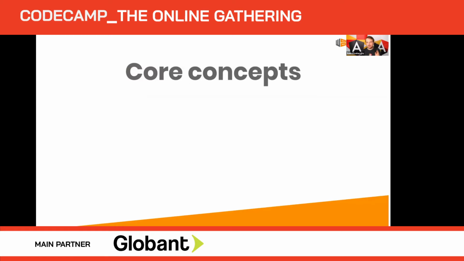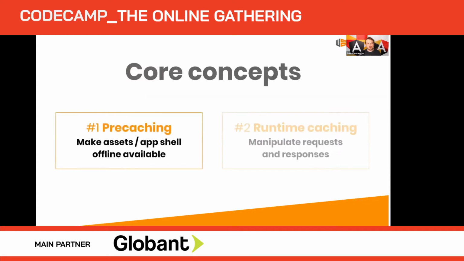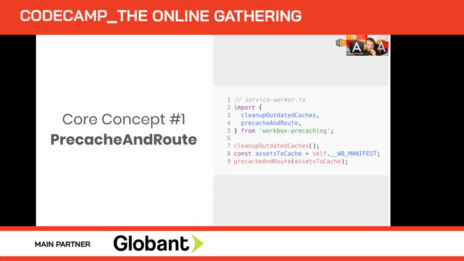So the two core concepts of Workbox are pre-caching and request handling. Let's explore those two concepts in detail. So the first core concept of Workbox is called pre-cache and route, to be exact. And the idea here is that we collect and list all the available static assets of our application.